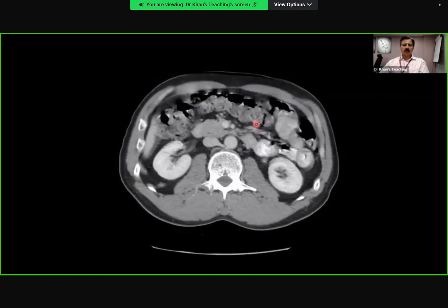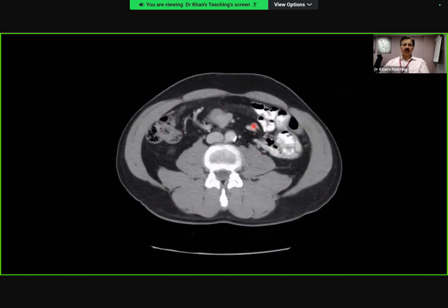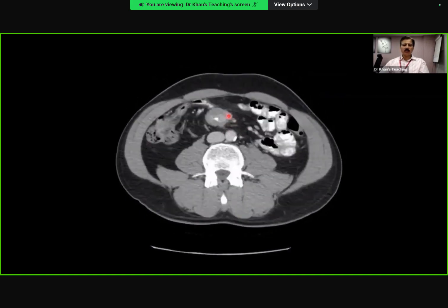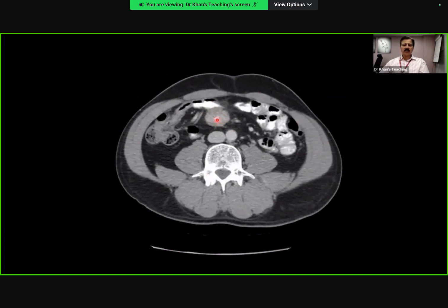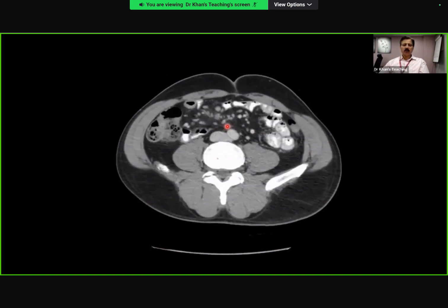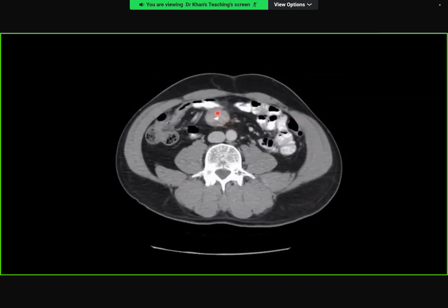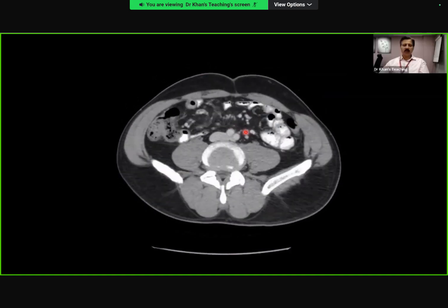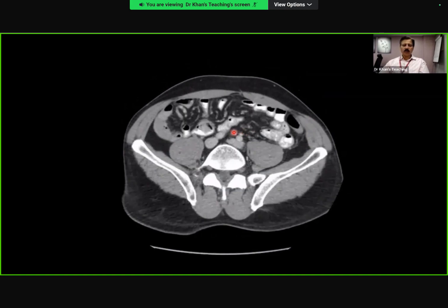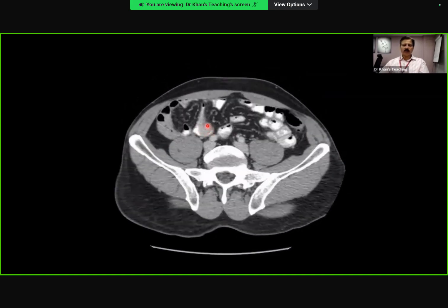Now, as we go into the mesentery, you can see this mass. And with this mass is a bit of calcification. And you get excited that this is the primary lesion and you call it a carcinoid. And the examiner wants, okay, where is the primary? Actually, the primary is sitting here. You remember that barium?